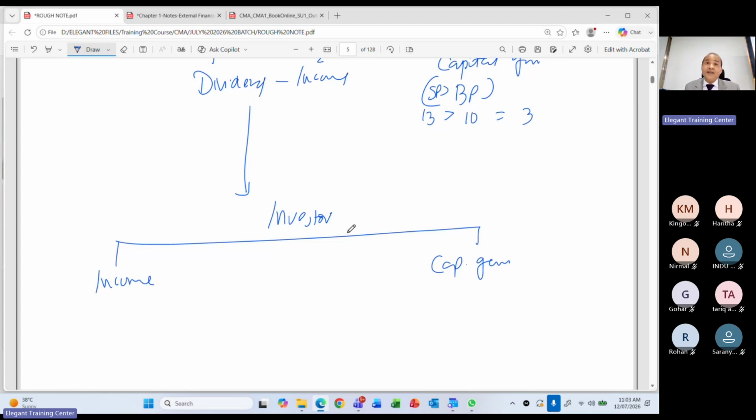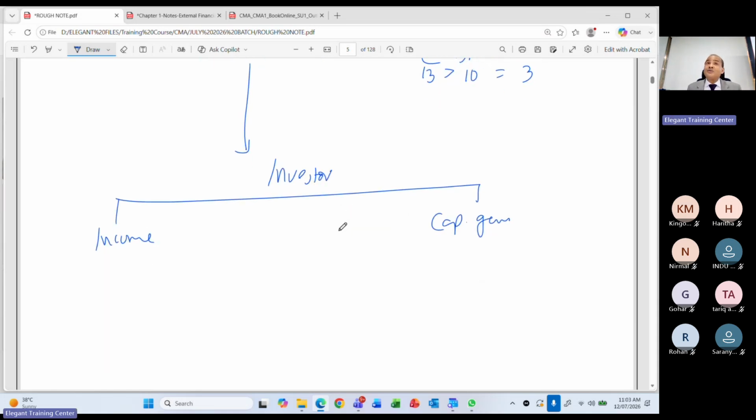In your mind, you have to decide whether you want dividend income or capital appreciation. If you want dividend income, you should go for higher payout companies, high dividend paying companies, meaning low retention.